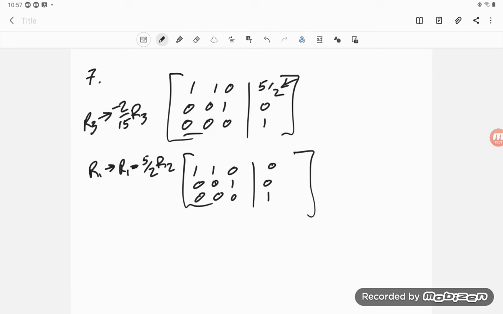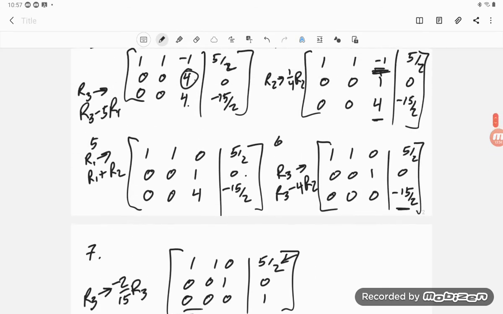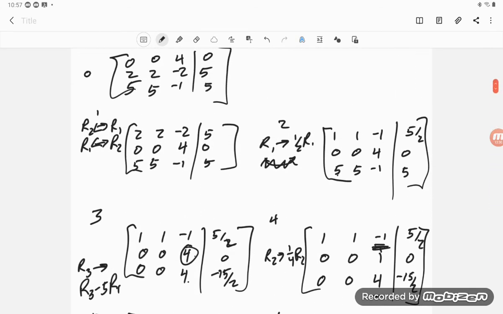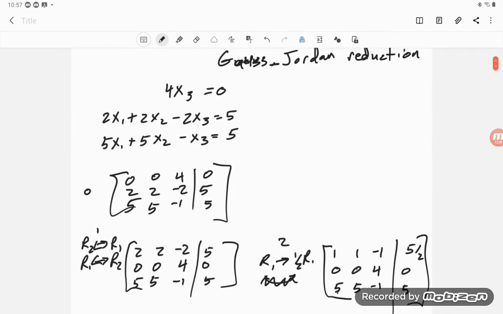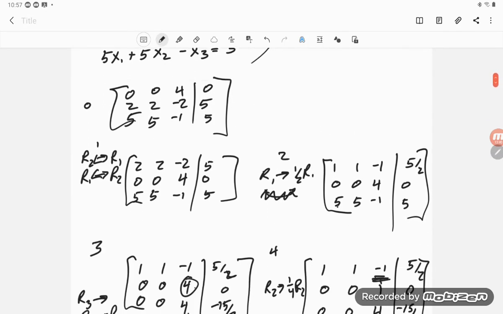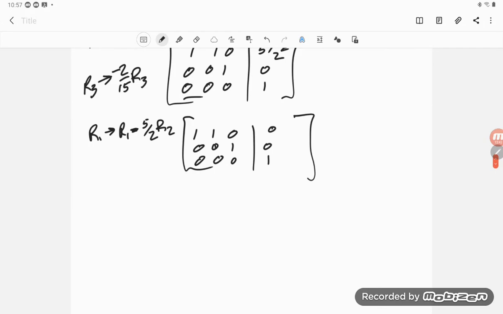And what that tells me about my original system back here is it's inconsistent because I have this that says 0 is equal to 1. Bad news.